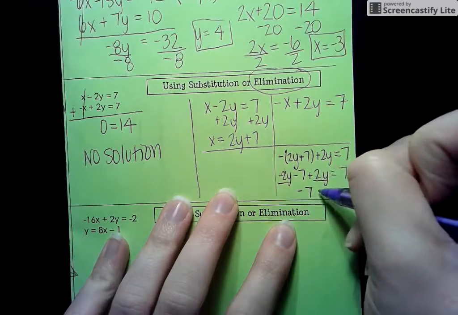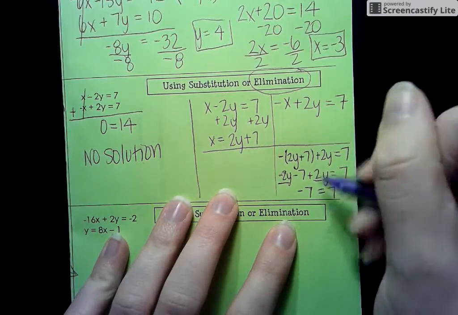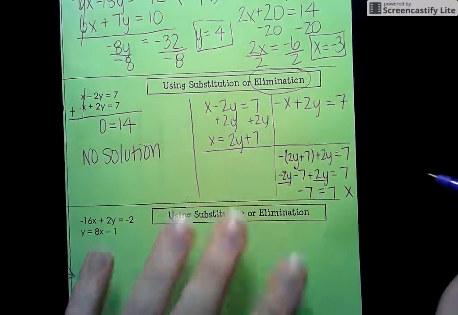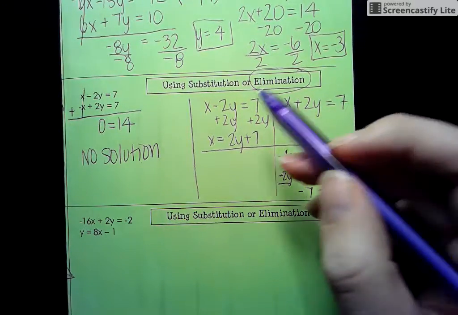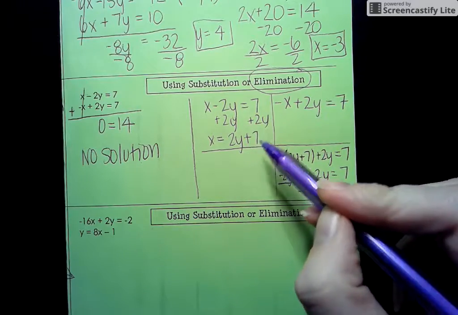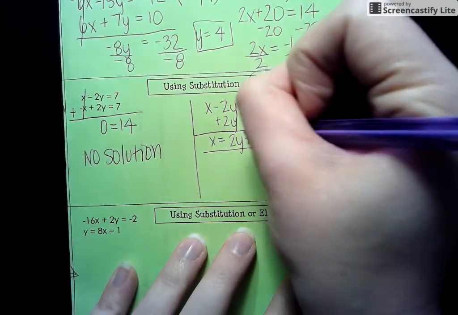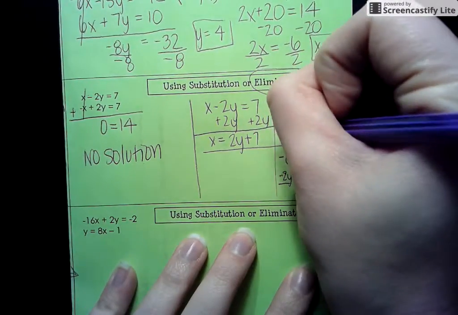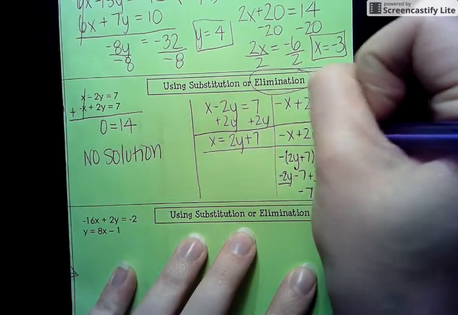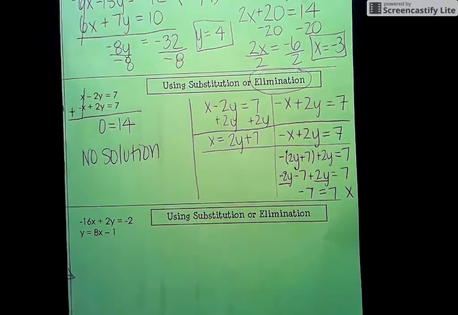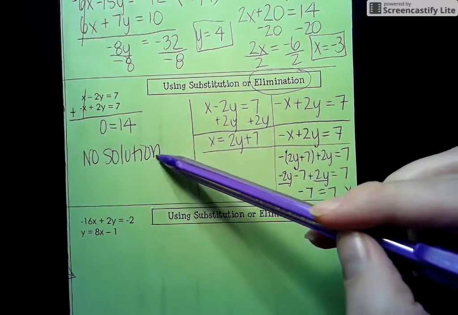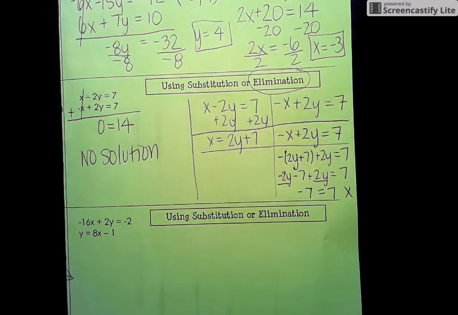So I'm left with negative 7 equals 7, which is not true. So that would be no solution. This is showing how I would do this as more of a t-chart. This is where I got my t-chart from. You could have solved it either way, but in this case, I think the easier way was elimination.